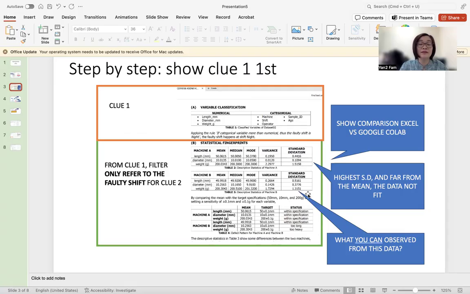What does that mean? It means there is a high possibility that what happened in the faulty could be the weight. We don't know yet, right? That is your first screening.